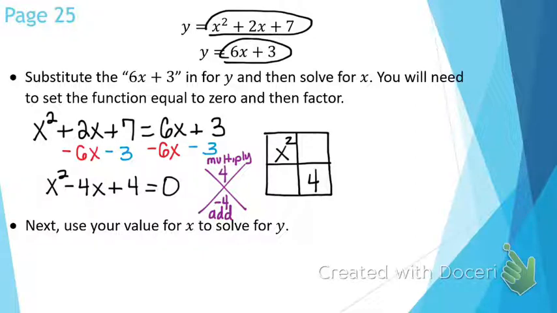Those numbers would be negative 2 and negative 2. So go ahead and put that in the other two squares.